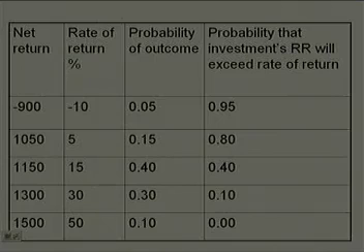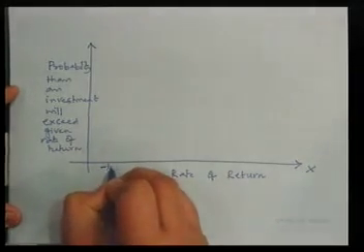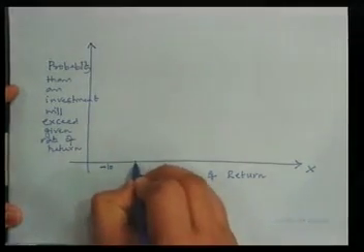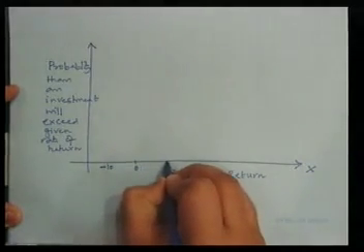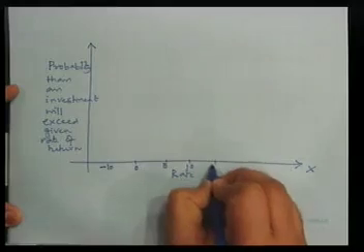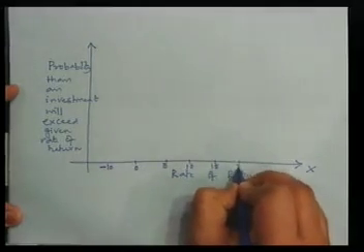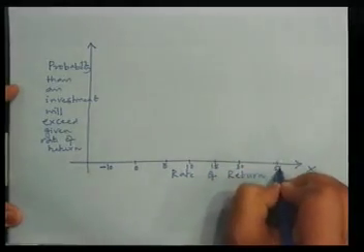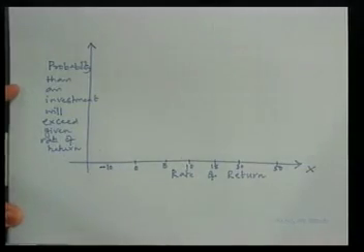Suppose this is minus 10% rate of return, this is 0, this is 5, 10, 15, 30, like this. I am not drawing it on a scale.